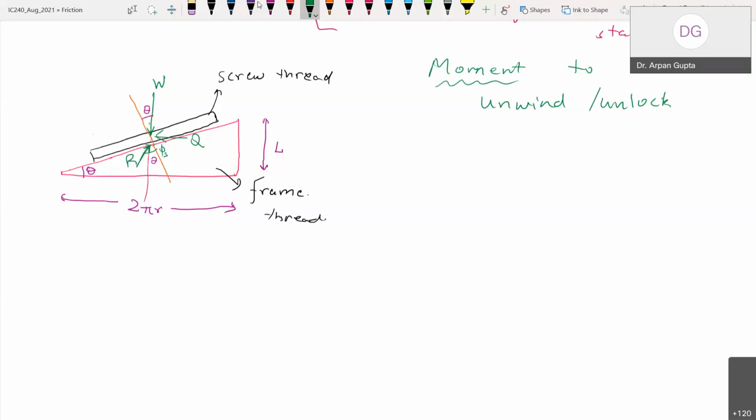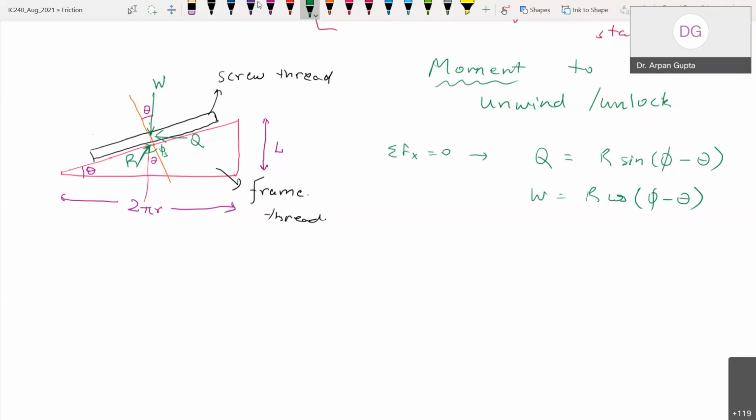And if this system is in equilibrium, now I can write the force balance in the horizontal and vertical direction. So if I write sigma Fx equal to 0, then I can say that Q is equal to R times sine of phi minus theta. And similarly, W is equal to R times cosine of phi minus theta.